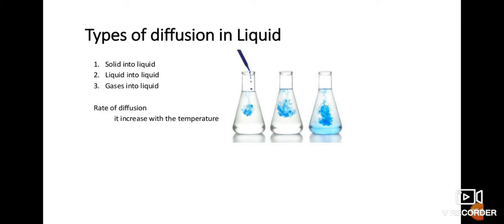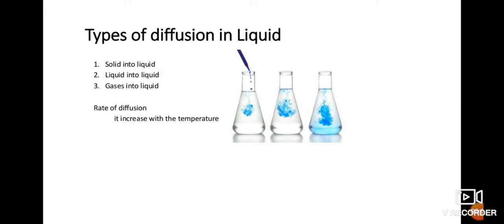Now, as we talk about the rate of diffusion, when you increase the temperature, the rate of diffusion will also increase. The particles are going to mix much faster. The basic point behind this assumption is that whenever we are supplying heat, the kinetic energy of the molecules is increasing.